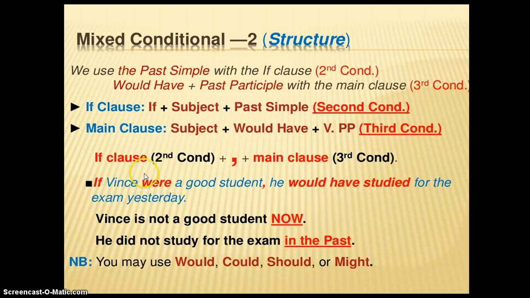Notice how we are using a simple past, that is typical of second conditional sentences, and would have studied, that is a third conditional type. The idea is that Vince is not a good student now because in the past he didn't study for the exam. So now the result affects the past. That is the main difference with the previous conditional sentence that we have seen.